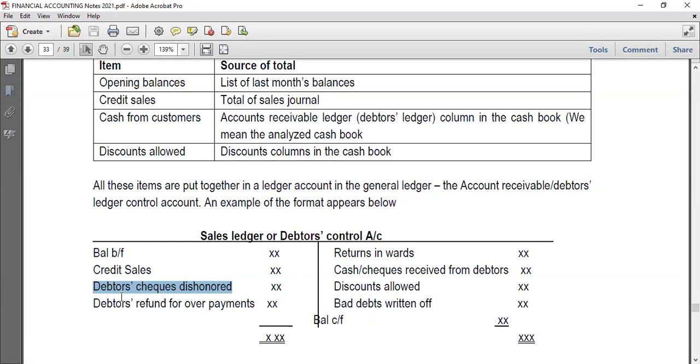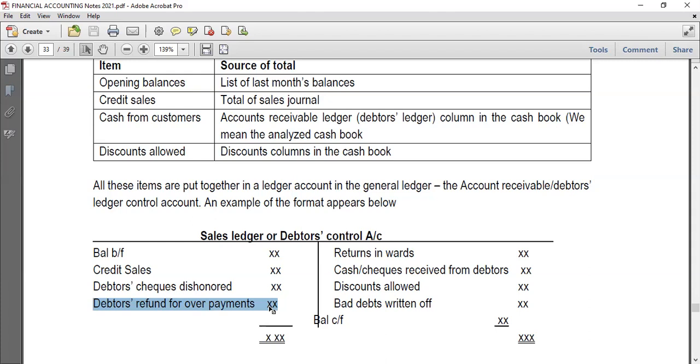The other is, of course, the debtors refund for overpayments, okay? In the same way, remember when the debtors pay us, we credit the debtors account, because our debtor balance is reducing with them.